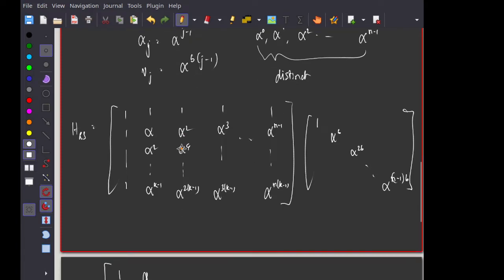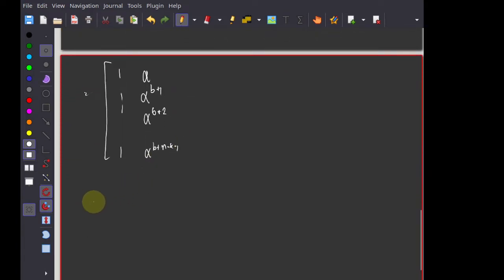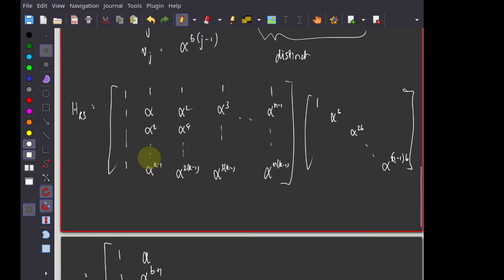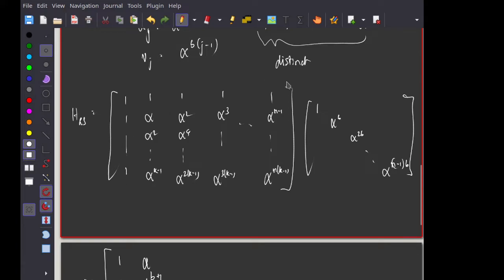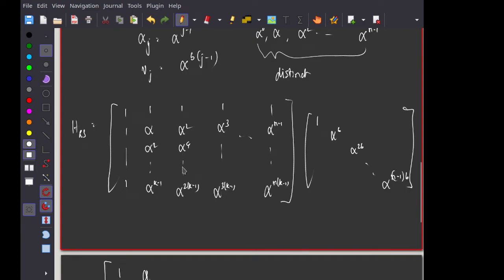Let us look at the ijth entry. Ith row, jth column. This is going to be the ijth entry of this particular matrix times the jth entry of this particular one, right? What is the ijth entry of this particular matrix?